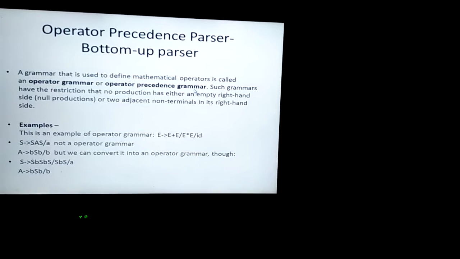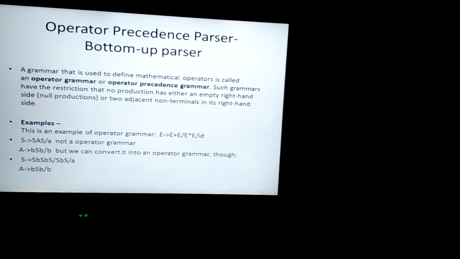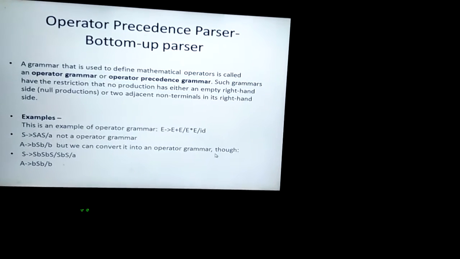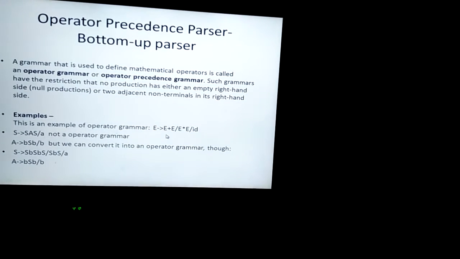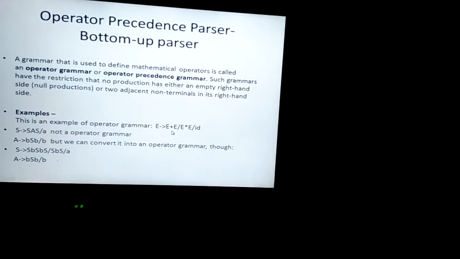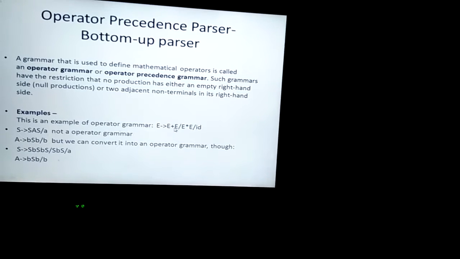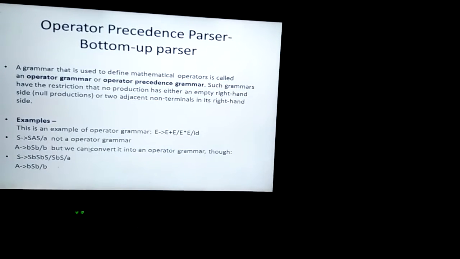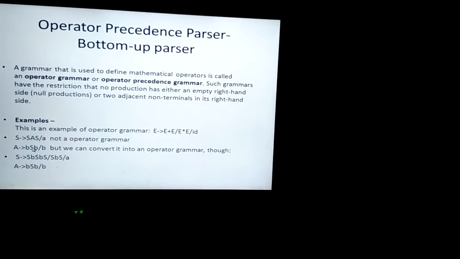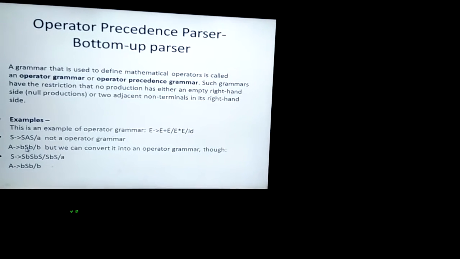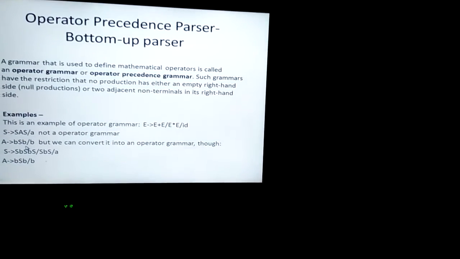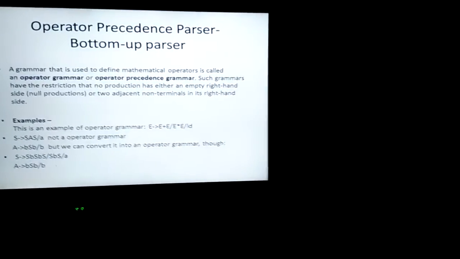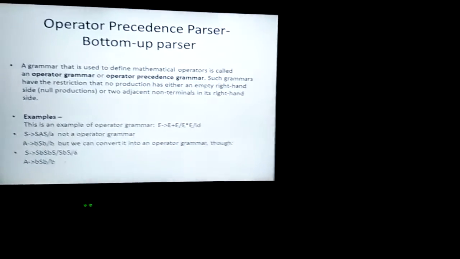I think you have come to know what type of grammar it should be. A grammar should not have any mistakes; in its production it should be a complete grammar by having the operator precedence, or by having terminals in combination with non-terminals. I hope you have understood how a grammar should be.